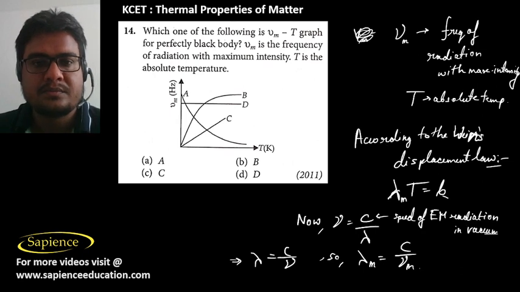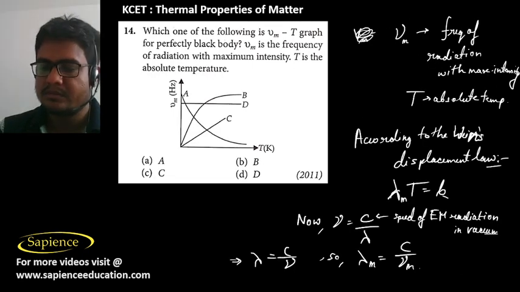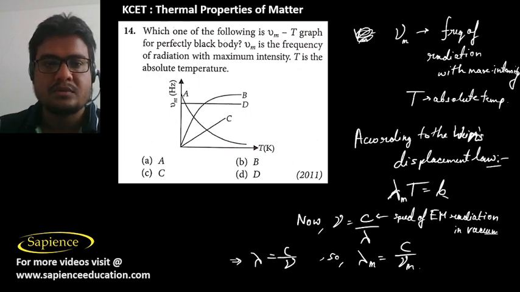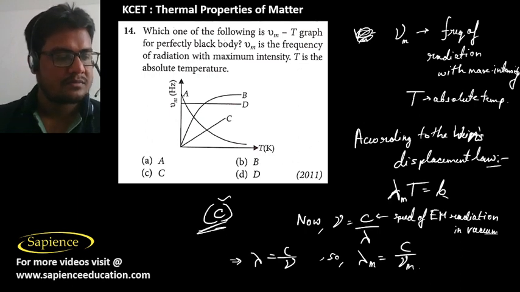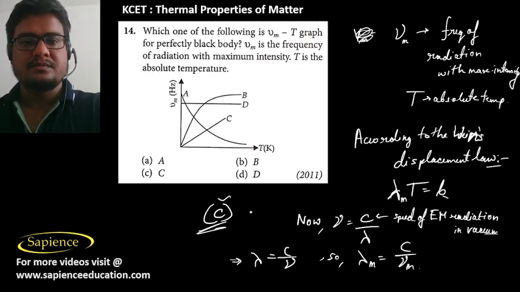So therefore you can see that for option C, the graph is a straight line passing through the origin. So option C is the correct answer.